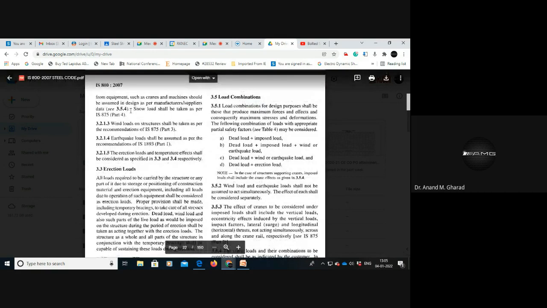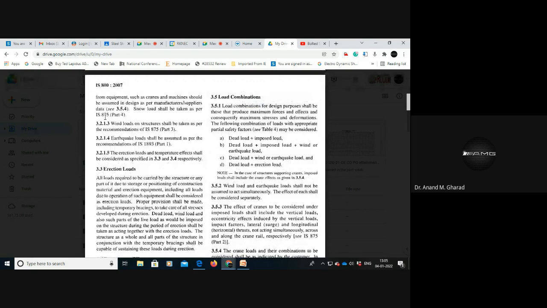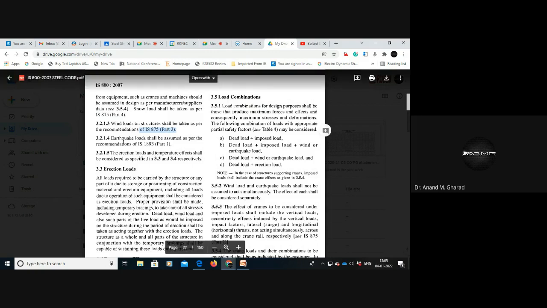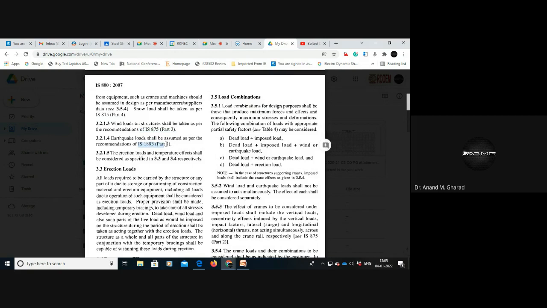Snow load is not that important; that is described in part 4. Wind loads are very, very important and you should download this. And earthquake loads, these are special loading conditions which you can find in IS 1893. There are two versions, one is 2002 and another is 2016. So the latest is 2016.